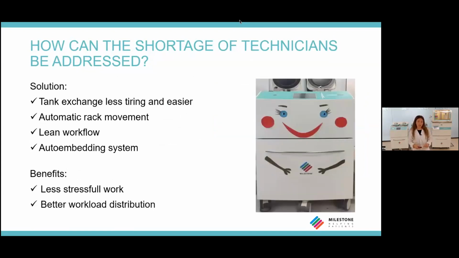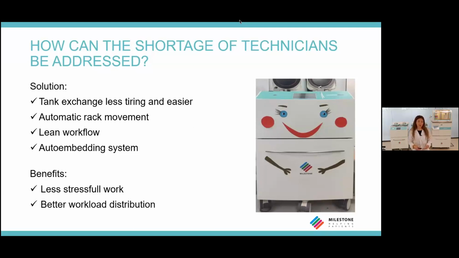As we previously saw in the article, through the optimization and automatization of frequent operations, we can improve the laboratory workflow and the workplace. These operations include the tank exchange, and again, the possibility to use a lean workflow for a better distribution of the workload.